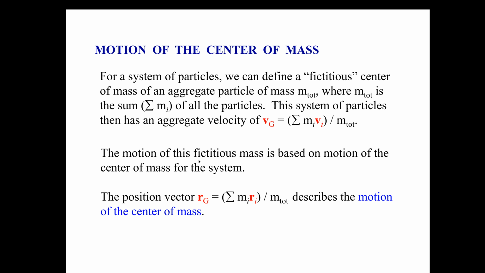The motion of this is based on the center of mass, and then its position can also be defined. The way you do that is you take the individual masses and their positions and divide by the total mass. So this one would describe the motion of the center of mass, right?